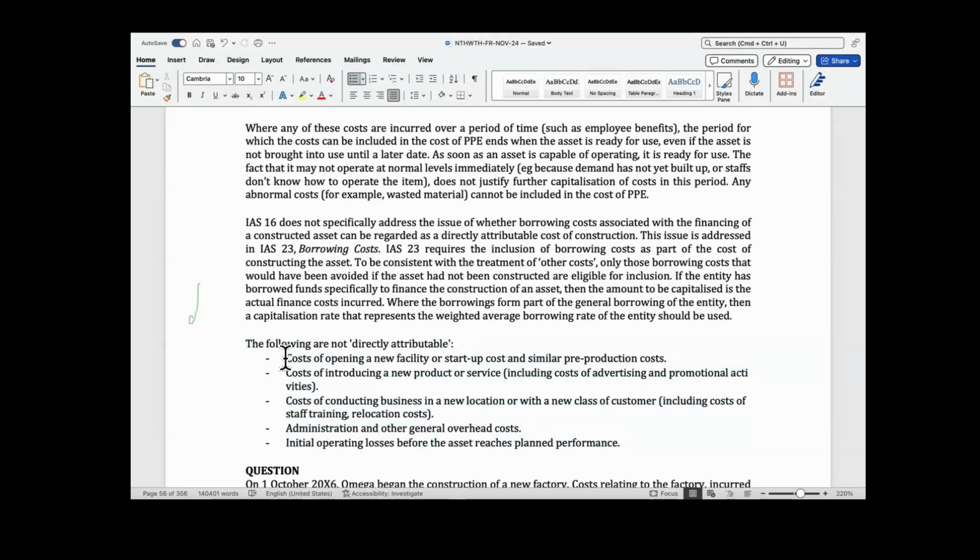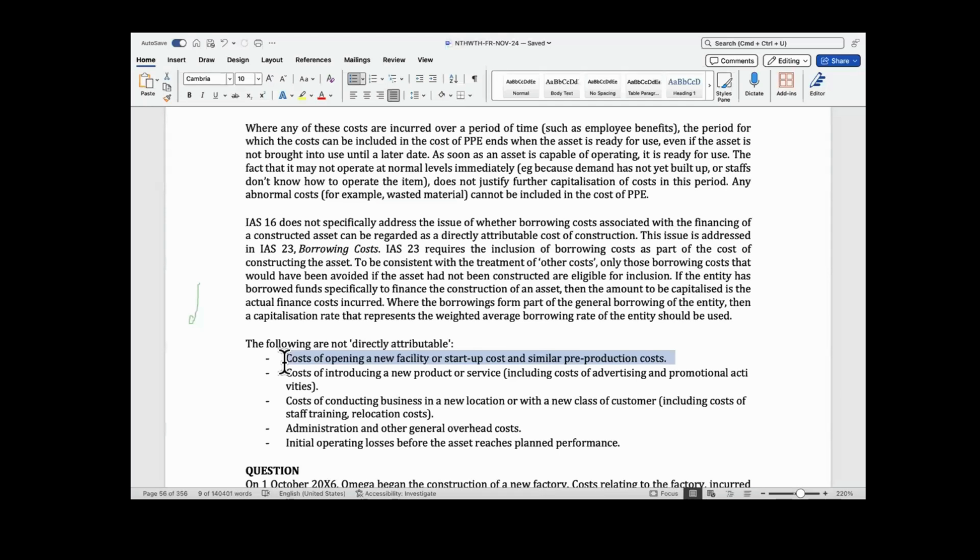Number 1 is the cost of opening a new facility, or startup costs or pre-production costs. The way to understand this is that when the asset is ready, you now did an opening ceremony. You spend some money, like the way the Nigerian government does.